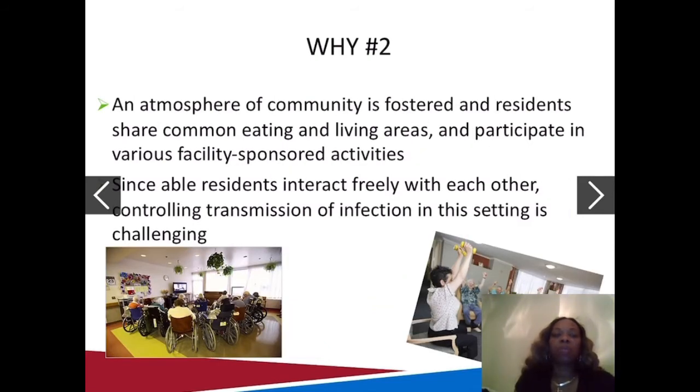A long-term care facility is an atmosphere of community. It's fostered in that residents share common eating and living areas, and they participate in various facility sponsored activities. Since able residents interact freely with each other, controlling transmission of infections in this setting can be challenging.